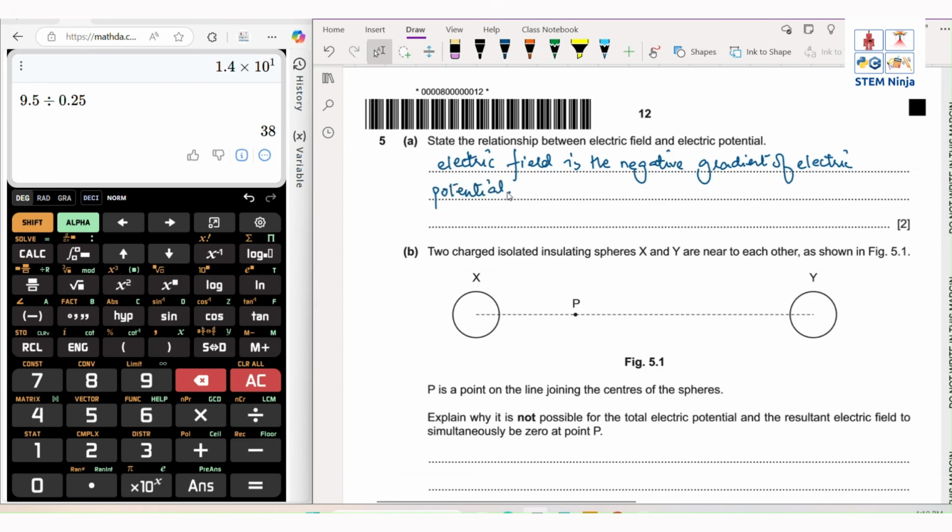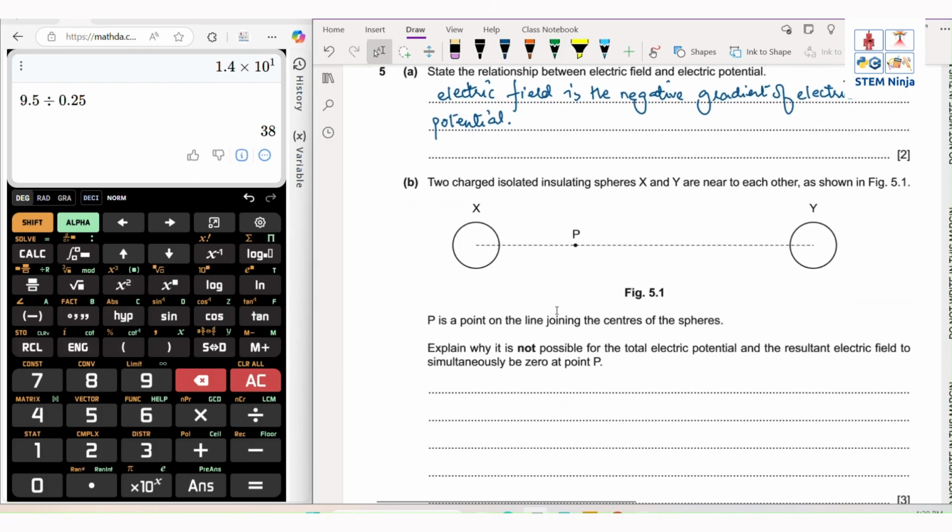Two charged isolated insulating spheres X and Y are near to each other. P is a point on the line joining the centers of the spheres.